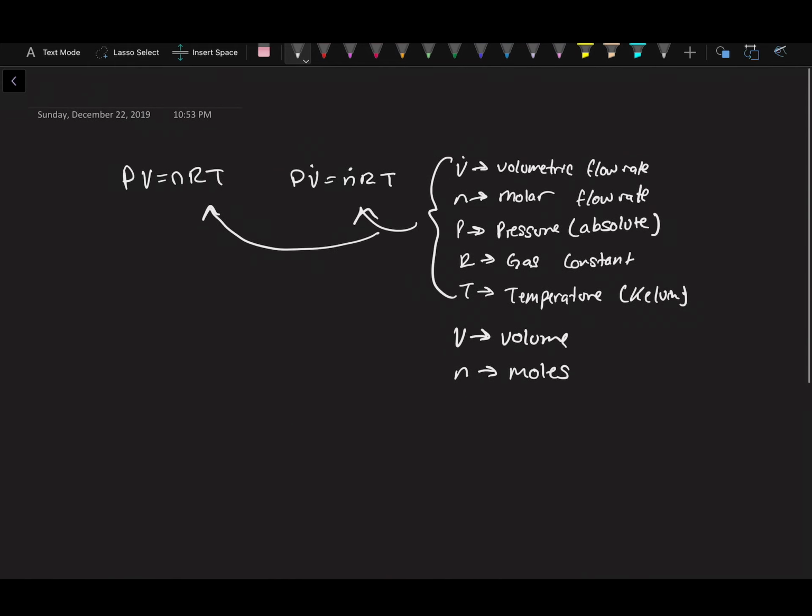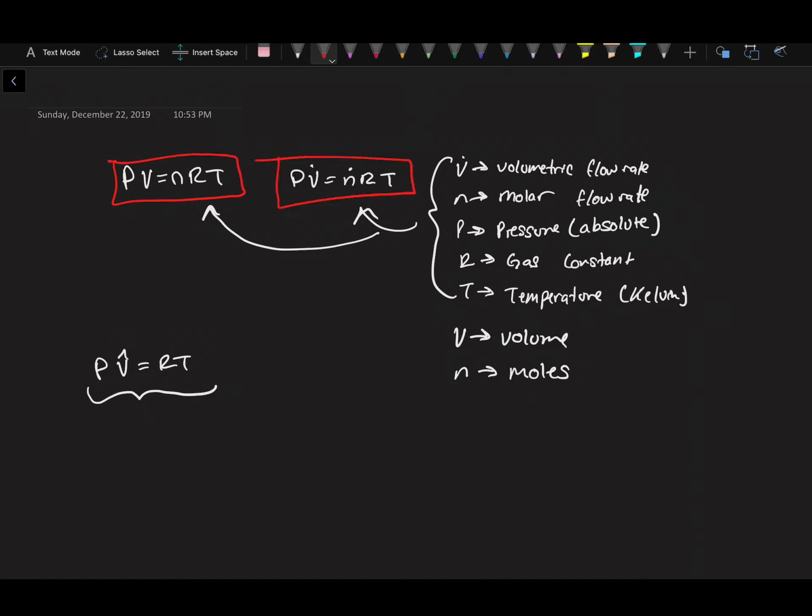This formula could also be written as so: PV hat equals RT. And the derivation for this formula is this. Let me highlight these real fast. These are the formulas you got to know, but the derivation is this.